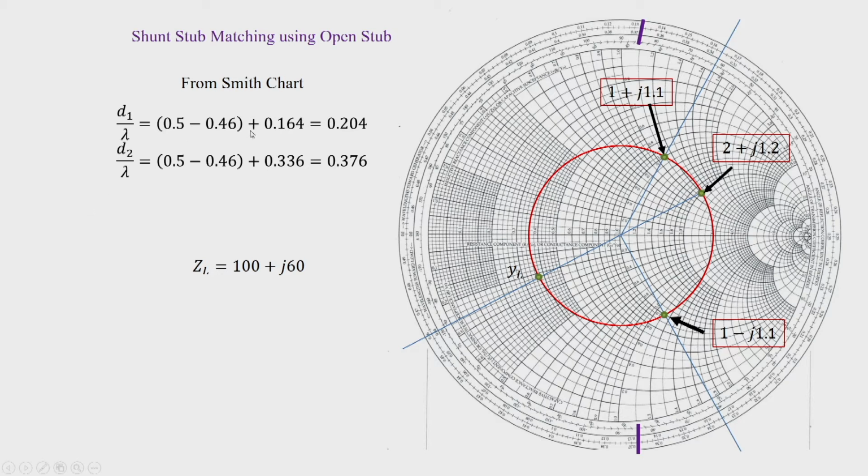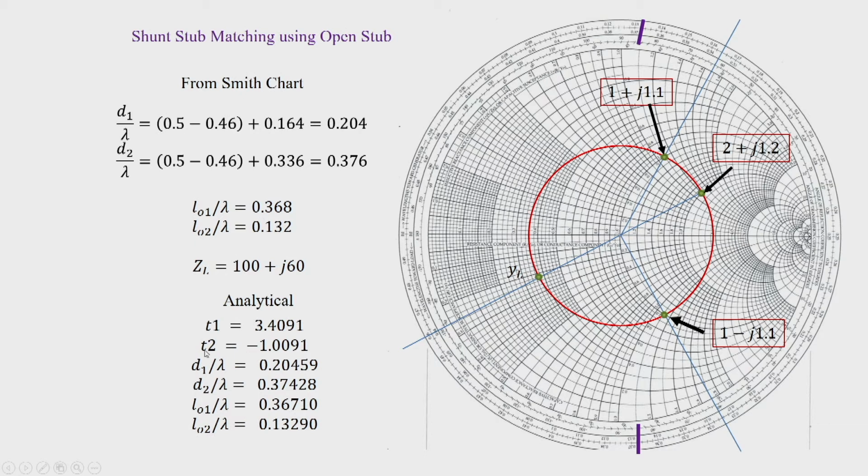We find from the Smith chart that d1 by lambda is equal to 0.204 and d2 by lambda is equal to 0.376, and the corresponding lengths of the open circuited stub can be found. LO1 by lambda is equal to 0.368 and LO2 by lambda is equal to 0.132.